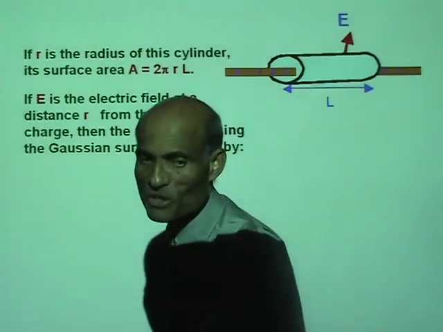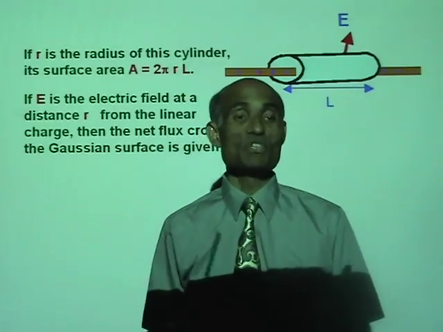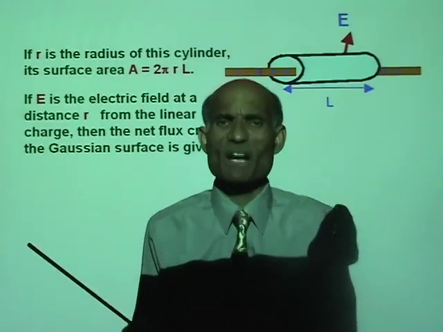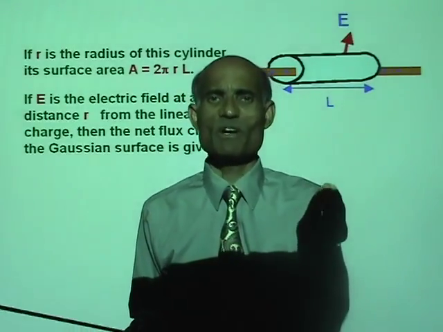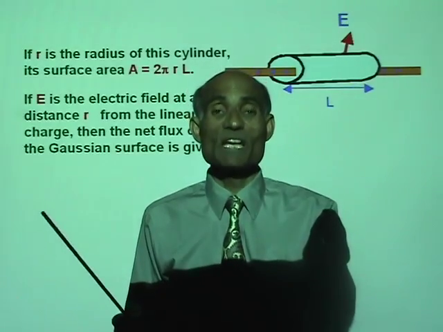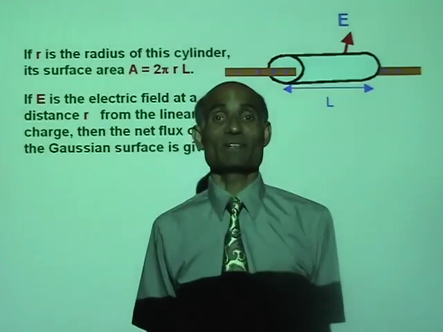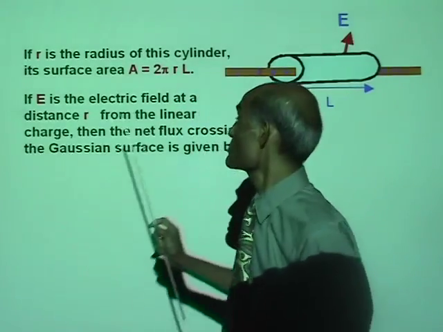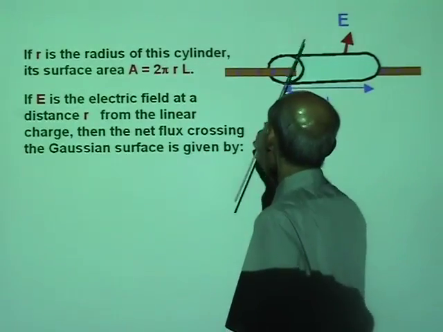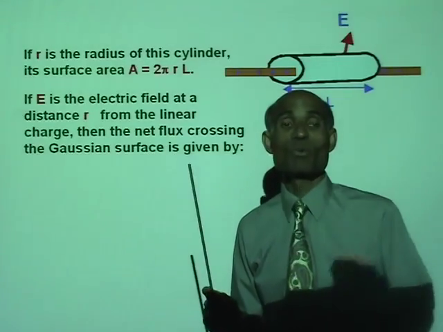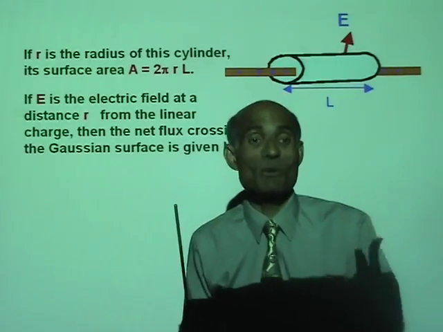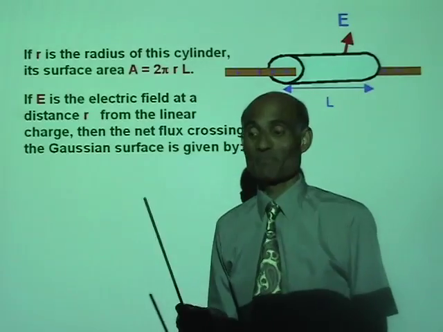What is the definition of electric field using the concept of flux? I hope you haven't forgotten. Electric field is a measure of flux per unit area, and therefore the total flux crossing a given area will be electric field multiplied by the total area.